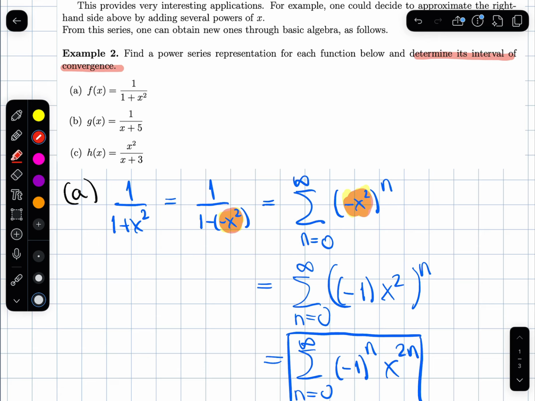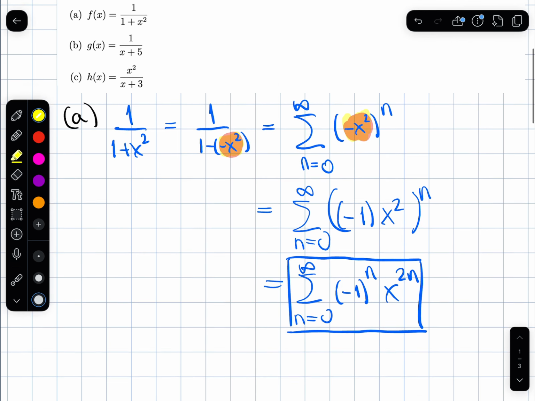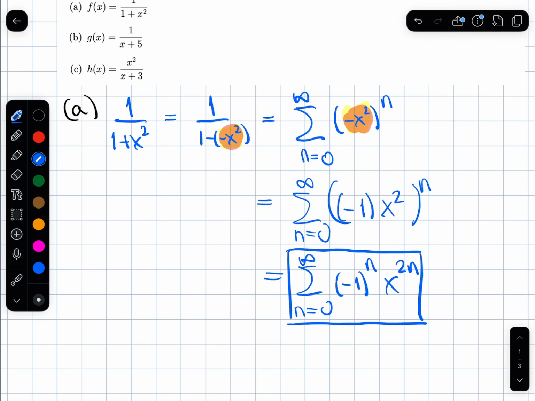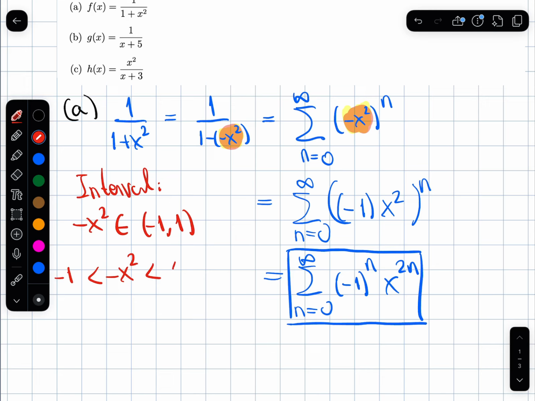This will have the same interval of convergence as the old one, because the old one converged when the ratio was in the interval. So here, for the interval of convergence, we need negative x squared to be between -1 and 1.